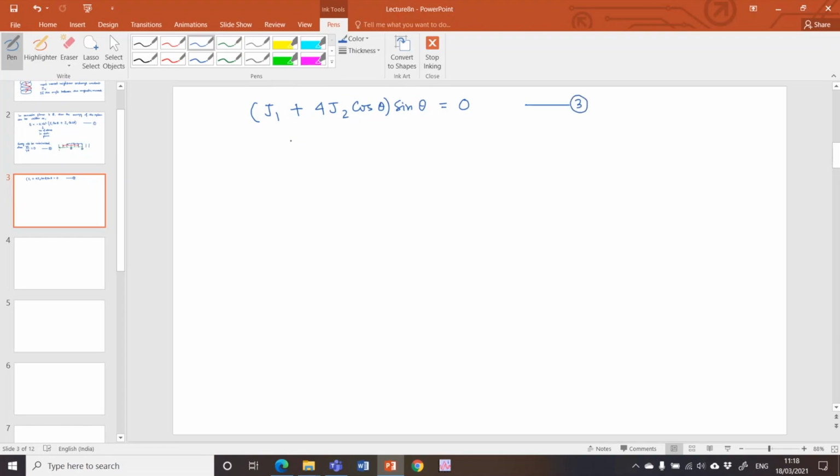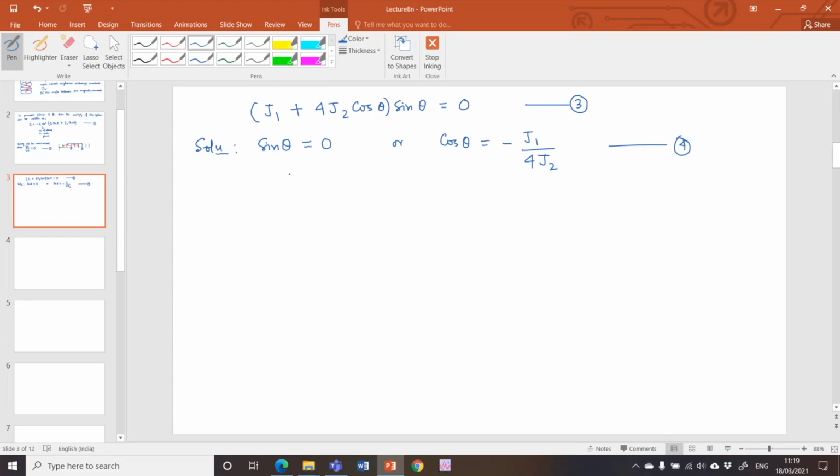Now the solution is either sine theta is equal to 0 or cos theta equals minus J1 divided by 4J2, right?